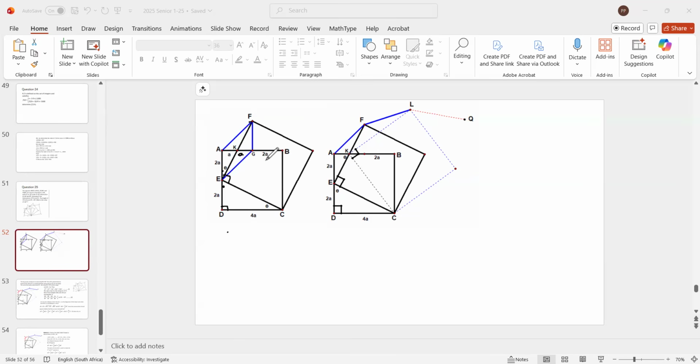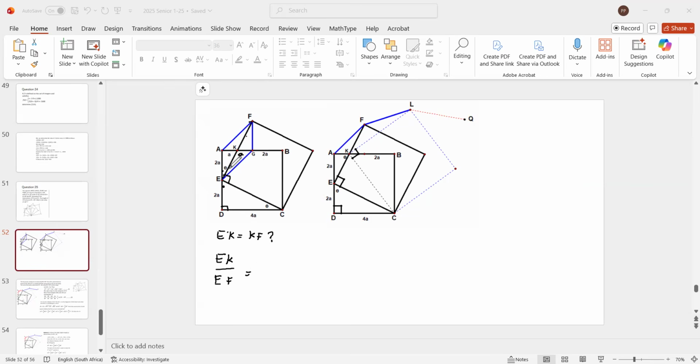Now, I now claim that EK is equal to KF. That's a claim. And to do that, I'm going to do this EK over KF. No, EK over EF.